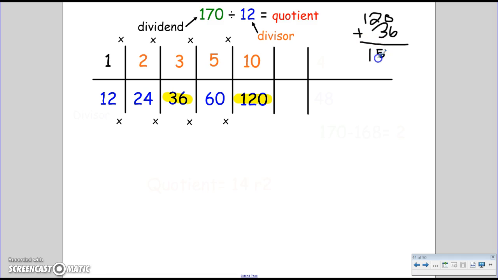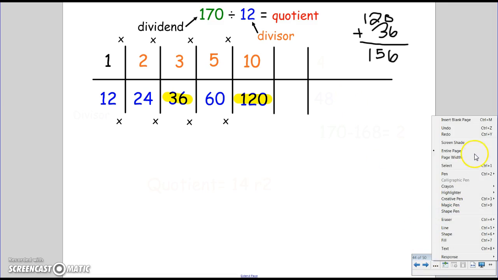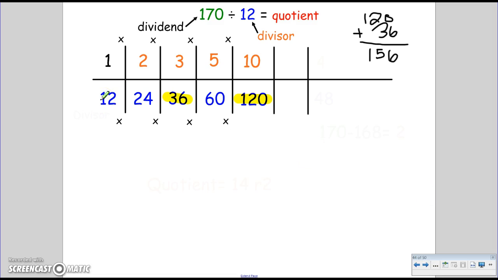Is there another number within my table that would help me reach 170 exactly? Taking a look at my numbers, 24 would definitely lead us above. It would also take us to 180.